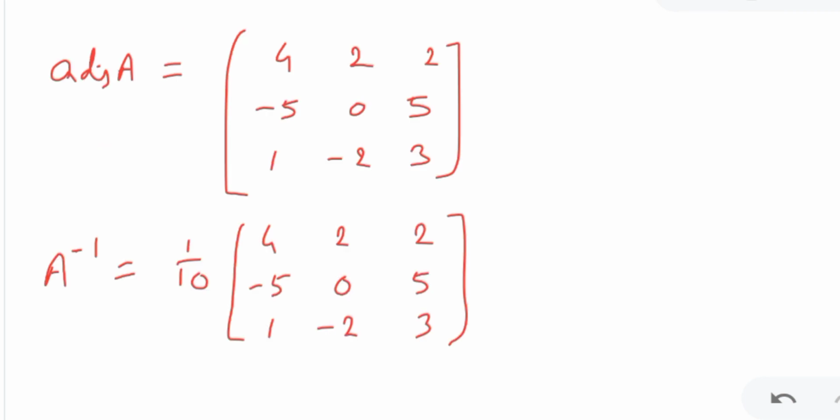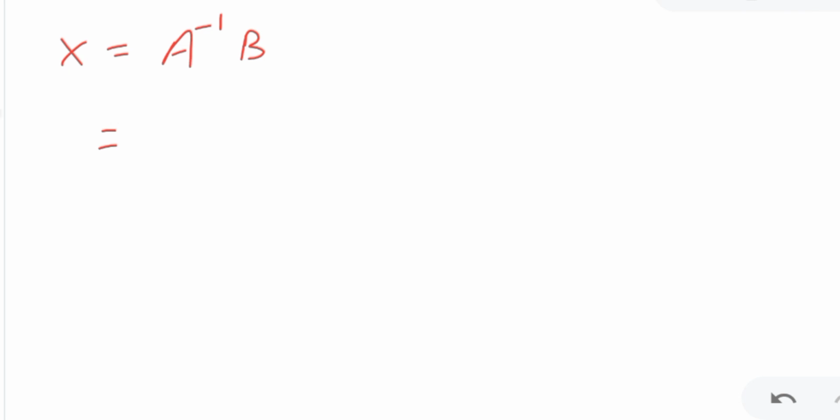Now x is equal to A inverse into B. Correct? And A inverse we just found is 1 upon 10 times this matrix. This is lengthy, but this will come in a 5-mark question. I am reminding again, one question of this type you will definitely get.